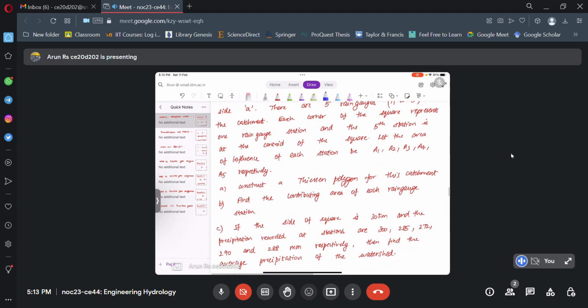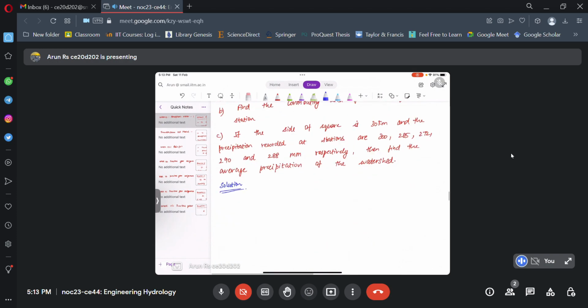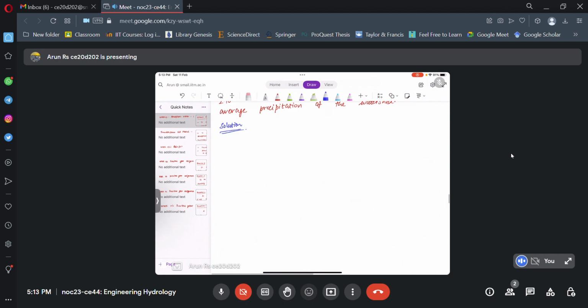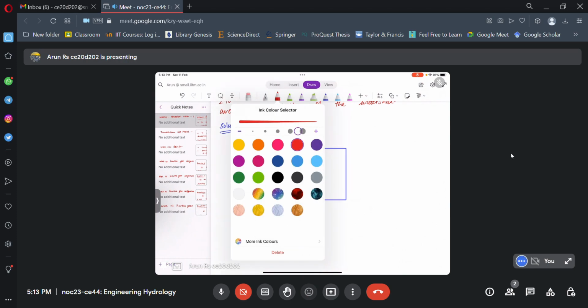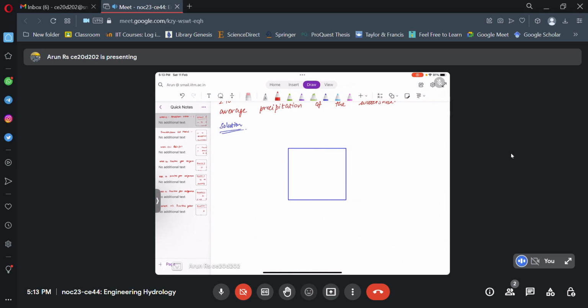Each corner of the square represents one rain gauge, and the fifth station is at the centroid of the square. So let us first draw how the catchment looks. The catchment is a square and it has a rain gauge at the 4 corners.